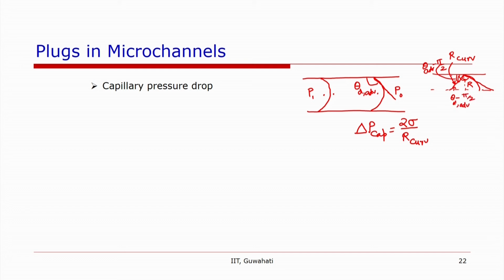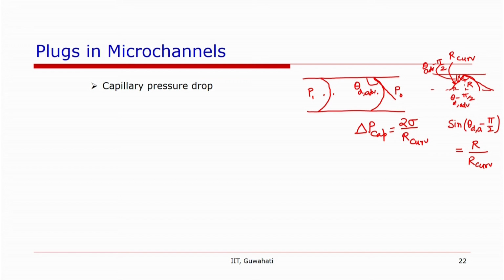So what we can write is that sine of theta d a minus pi by 2 is equal to r over r curvature.